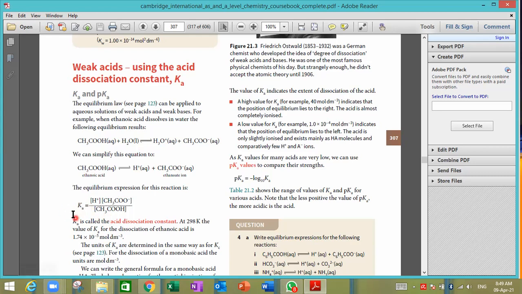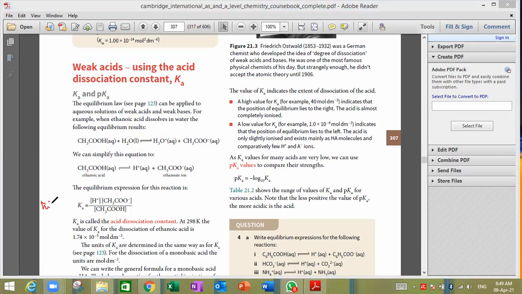When Ka is high, what does this mean? It means that the concentrations of hydrogen ion and ethanoate ion are also high. Of course, not in this equation, but for other acids. When we have a high value for Ka, this means that the equilibrium is shifted towards the right-hand side, as in the case of strong acids, towards the formation of the hydrogen ions and, for example, the chloride ions.